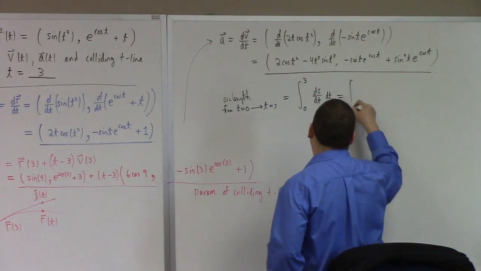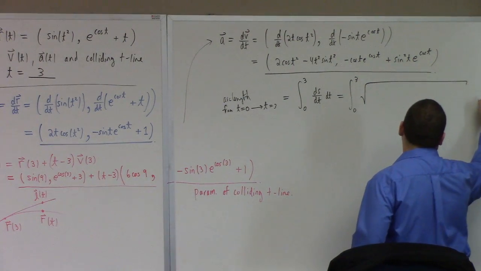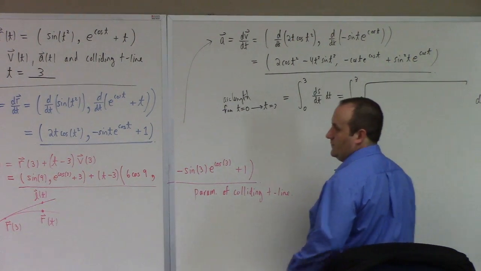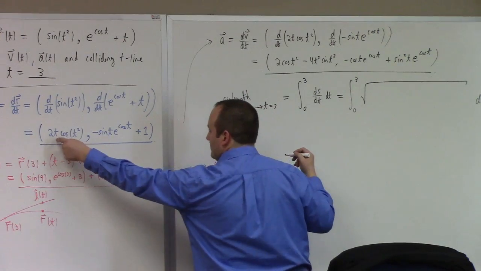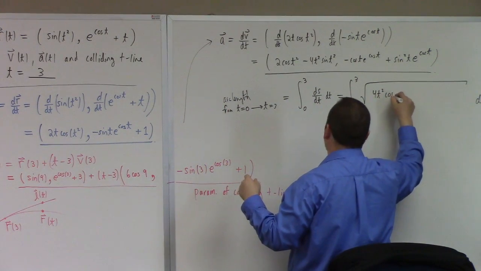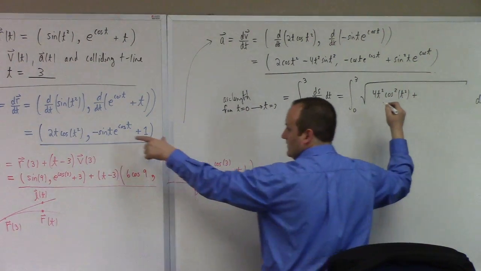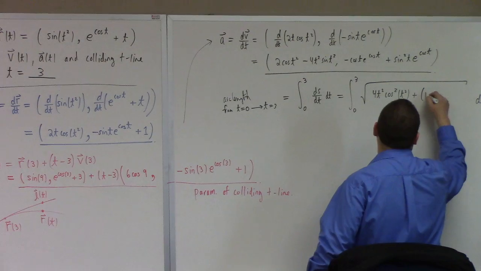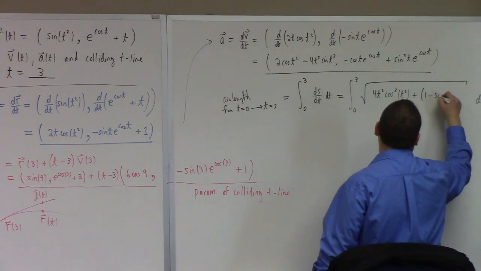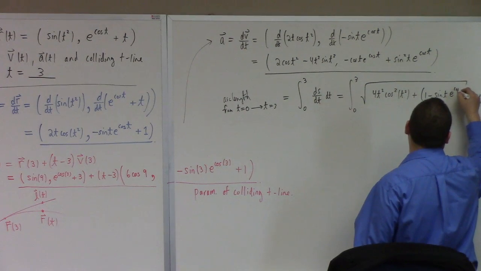But that is actually the integral from 0 to 3 of the square root of what? We got it right here. We just have to square these things. So 4t squared cosine squared of t squared plus this stuff, 1 minus sine t e to the cosine t, right?